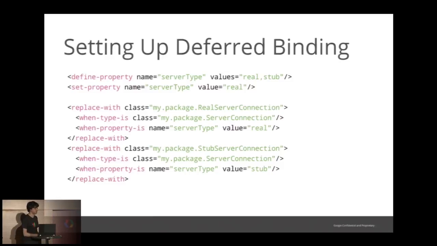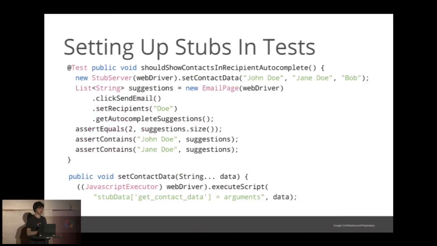And this is pretty cool because it means that when I compile my application normally, none of this test code will get pulled in. The compiler won't see it at all. But then when I set this flag to set server type to stub, I'll compile with this fake version of the server. The real one will go away, and now I have this one that reads from the page that I can control.